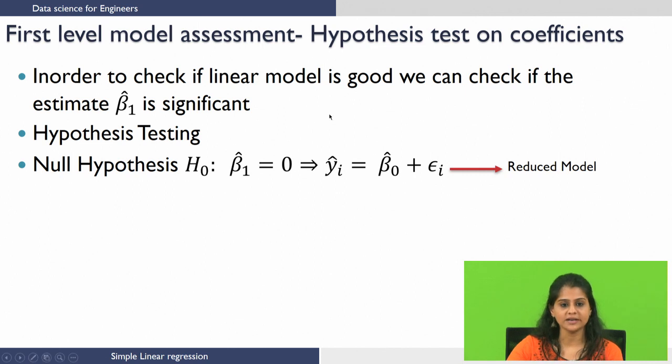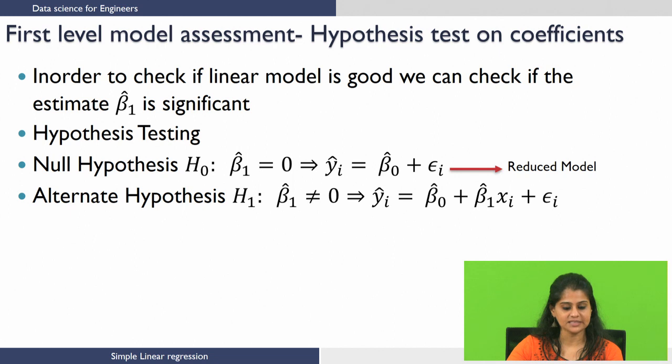So, what will the alternate hypothesis be in this case? My alternate hypothesis is that beta 1 hat is not equal to 0 and my yi hat, which is the predicted value, is equal to beta naught hat plus beta 1 hat xi plus epsilon i. Now, this becomes my full model.